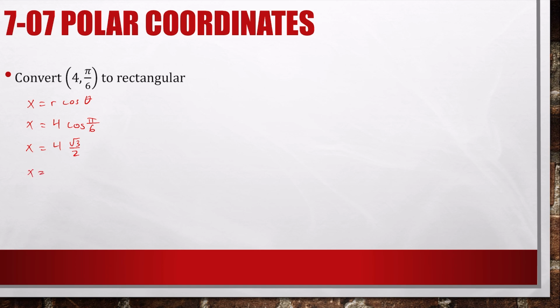So that would be 2 times the square root of 3. Y is r sine theta. So 4 sine pi over 6. Sine of pi over 6 is a half. 4 times a half is 2. So it looks like my coordinate is (2 square root of 3, 2).